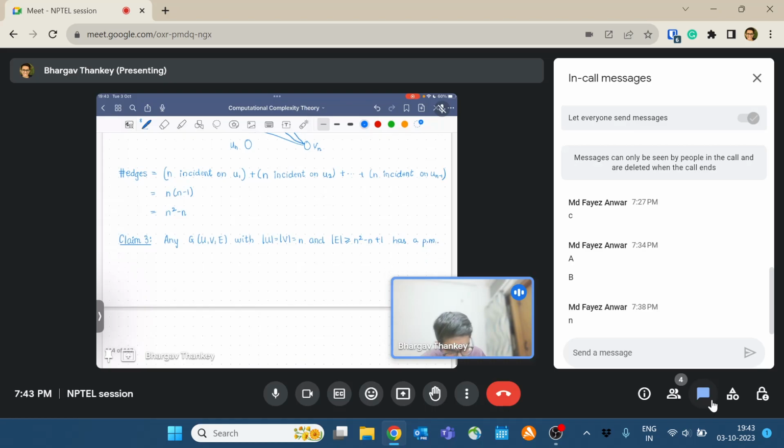Yeah, so we'll prove this claim, and the proof is by induction on n.